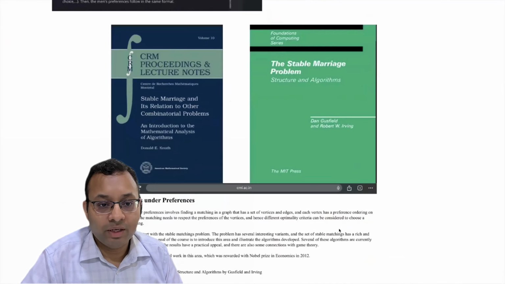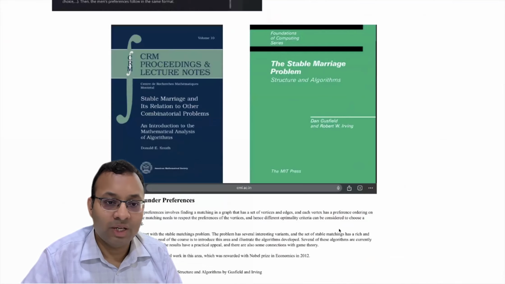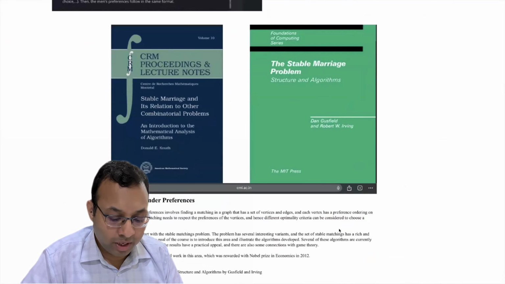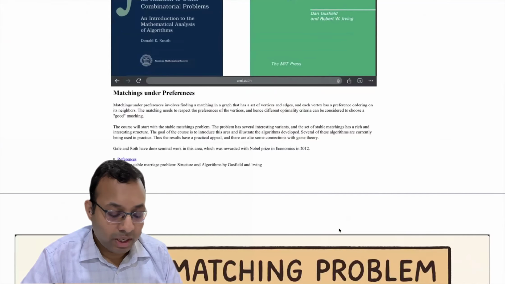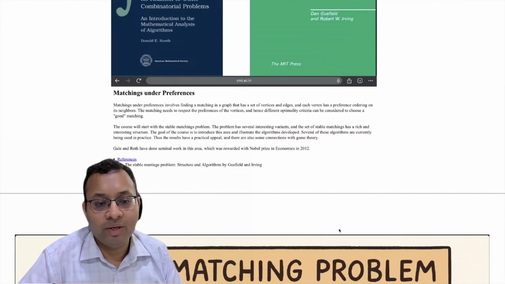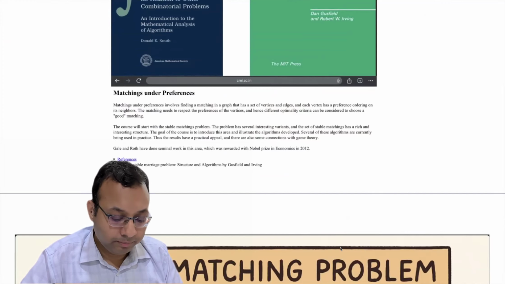There are advanced materials. There is a book by Donald Knuth on the stable marriage problem, also by Gusfield and Irving. There is a course taught by Prajakta Nimbhorkar from CMI on matchings under preferences, which also lists many recent progress and nice open problems. So this leads to the end of this lecture.